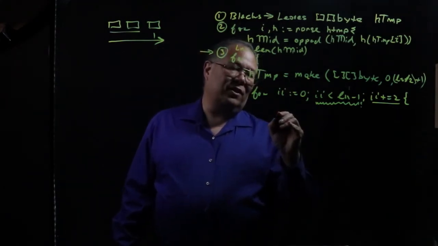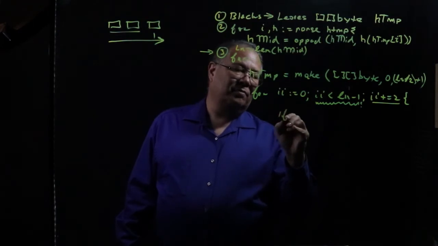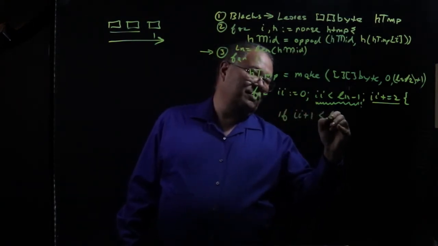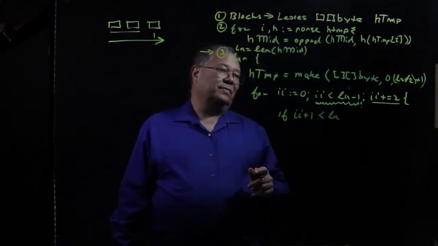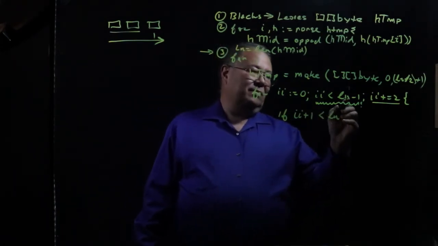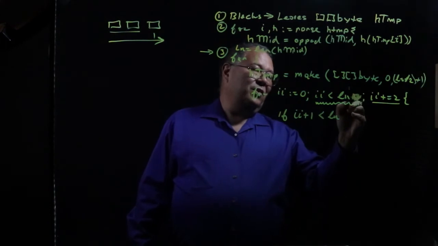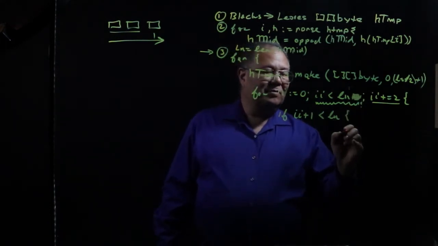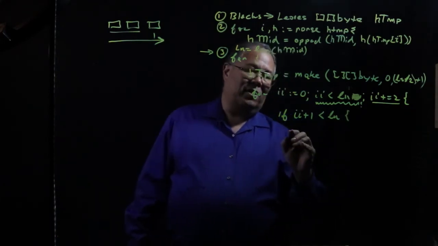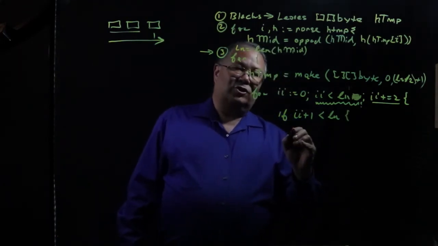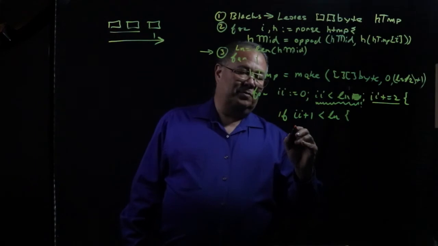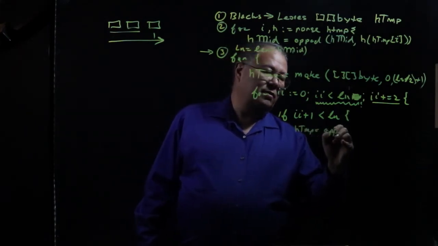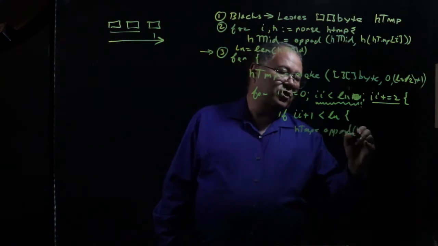And then you want to find out if you're on an even one, if i plus 1 is less than len. If you do it that way, I don't think you want that. We'll just take that out. This is an even one. You have a pair, so we want to do h temp equals append of h temp.